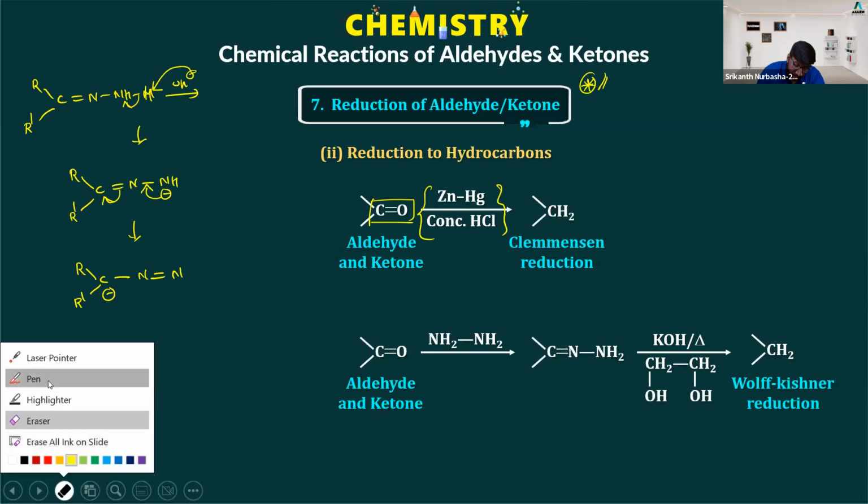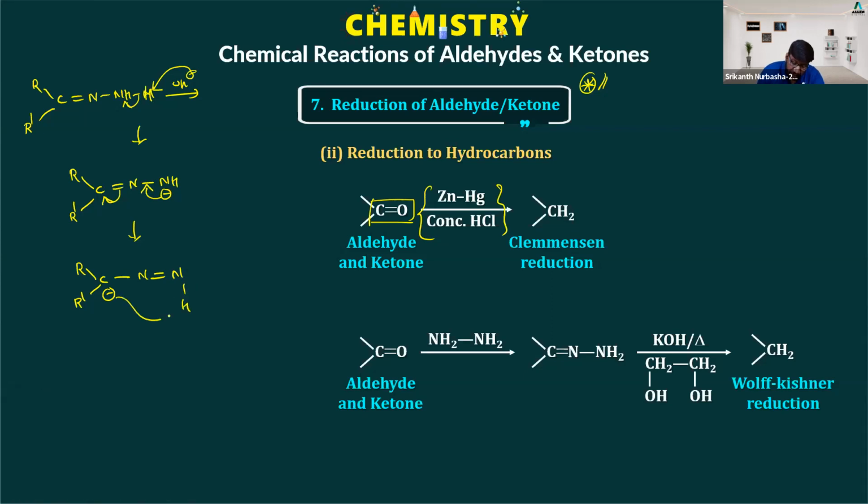The NH electron density is going to be picked up by carbon. So we get R CH R' N=N. This NH electron density is given to nitrogen again, so we get a negative charge.